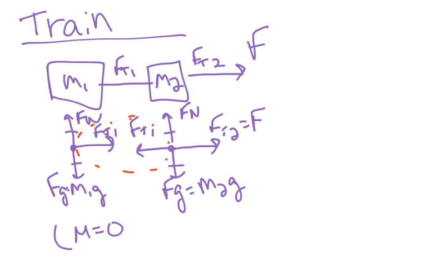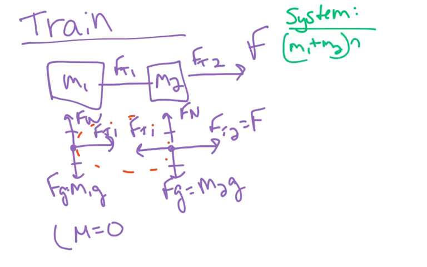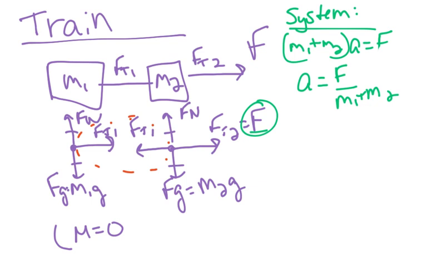So if I do this as a system, I have my system total mass times acceleration is equal to that overall force right here, which is my tension on string number 2. So I can get acceleration by taking this overall force that's pulling on them and dividing it by the system mass or the total mass. You could also look at individually then.